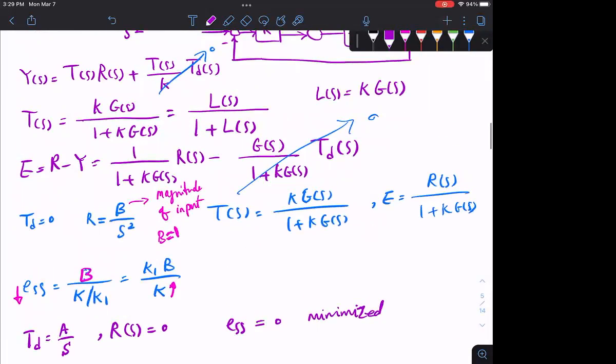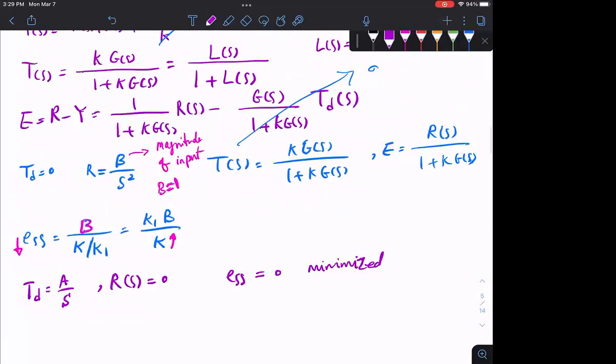Then what else? If you do that, ESS becomes -1 over K. For this to be minimized, again, this has to be very large. So K has to be large.